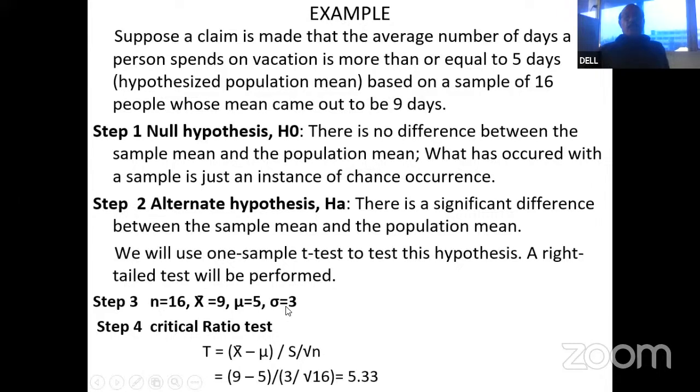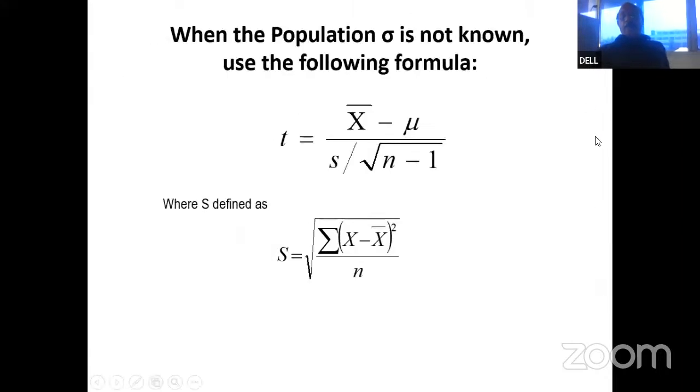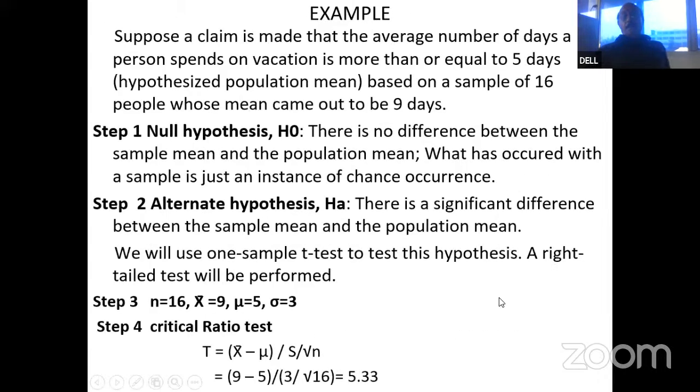Population mean given is 5. Standard deviation is 3. For the critical value, using that formula, everything is given, simply substitute and find out that t value.